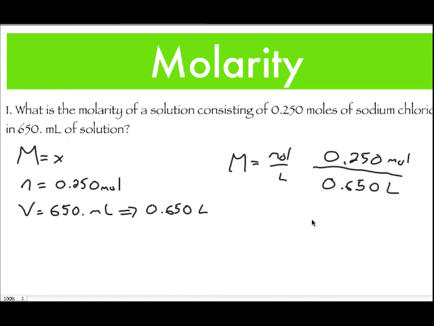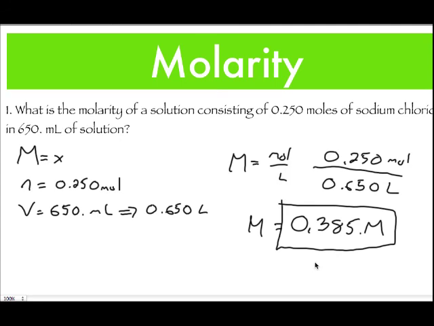If we plug that into our calculator, we get molarity, big M, 0.385 capital M. So for every liter of solution, there are 0.385 moles of sodium chloride. You can see the unit on this answer is the capital M, which stands for molarity, a concentration.